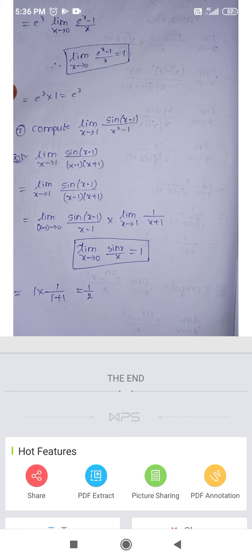So we have to write the coefficient of x which is in the numerator. So what is the coefficient of x minus 1 here? 1. So we will get 1, and we apply the limits for the right hand side. Limit x tends to 1 of 1 by x plus 1 we get 1 by 1 plus 1 is equal to 1 by 2. So in this way we can solve any problem by using these formulas and L'Hospital rule.